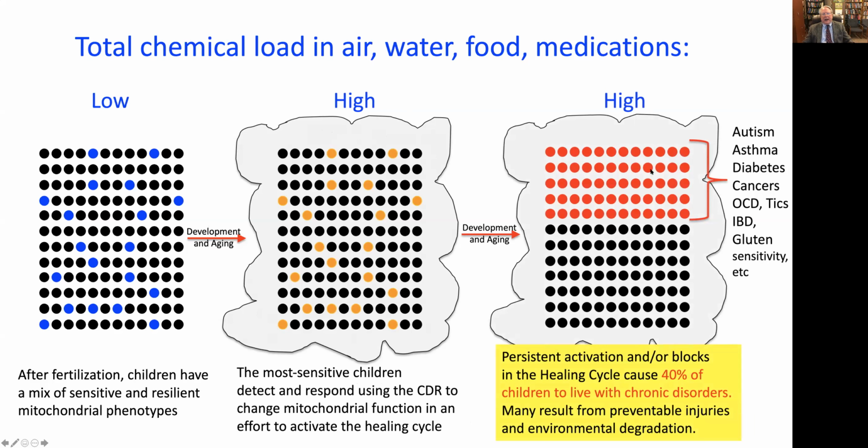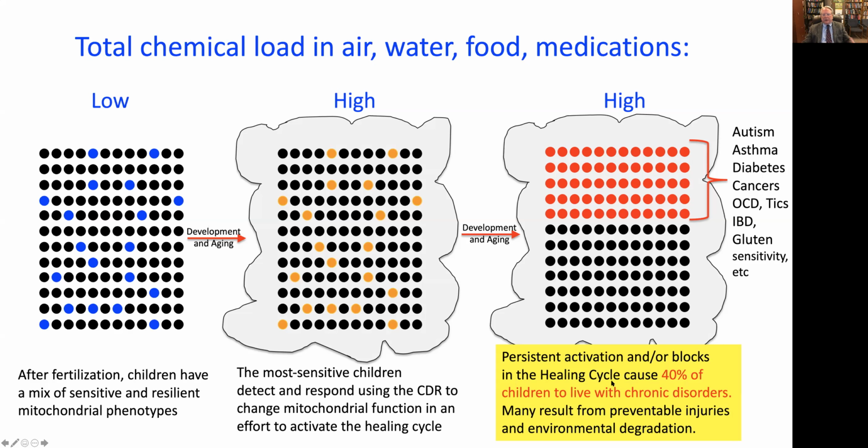So potentially what happens is that you take all those more sensitive children. Some of them will respond ultimately through a combination of genes and environment and lead to autism. But other combinations can lead to asthma and diabetes and cancer and OCD, inflammatory bowel disease, and gluten sensitivity.